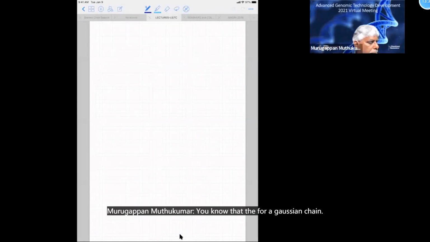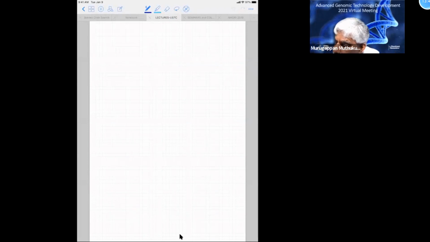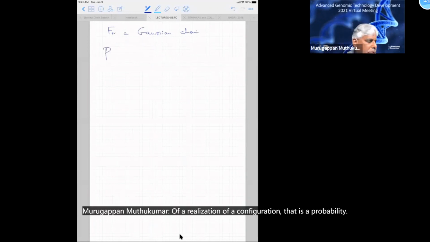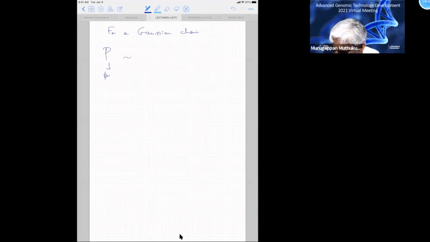You know that for a Gaussian chain, before putting a force, a free energy, right? Or even before that, if you remember the free energy, that'll be great. But I'm going to tell you about the probability of realizing a conformation.